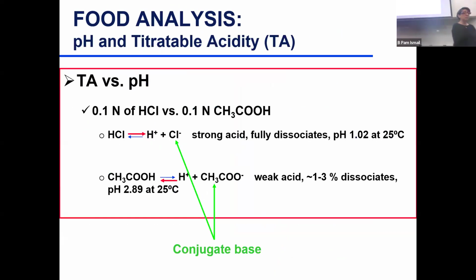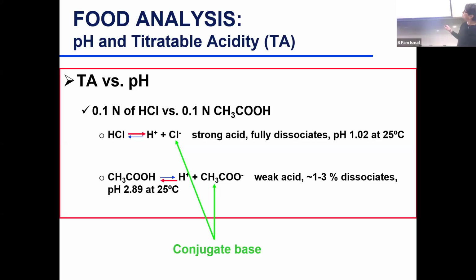All right, so this is a demonstration of the difference between titratable acidity versus pH. Here, if we have 0.1 normal of HCl and 0.1 normal of acetic acid, one carboxyl group, so the same concentration, look at the difference in pH.